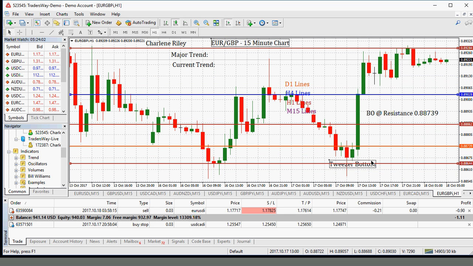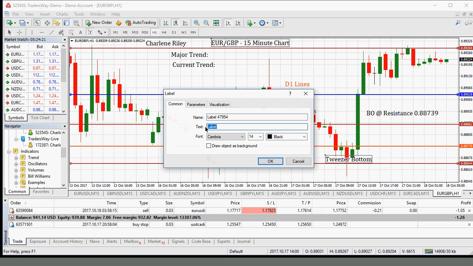Now, because I had this tweezer bottom here, and then the breakthrough of resistance here, I can say that's why I entered into a buy at 0.88739.